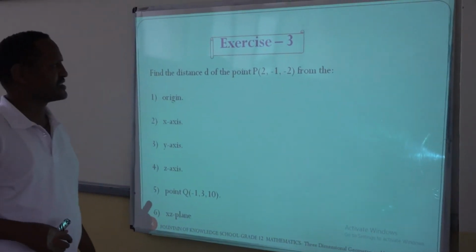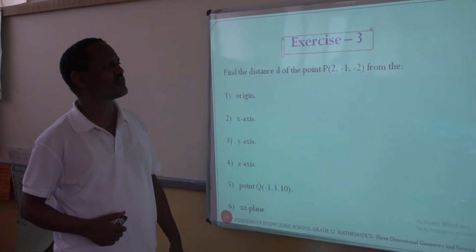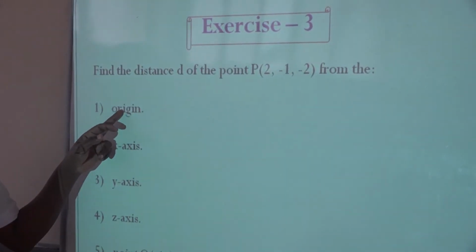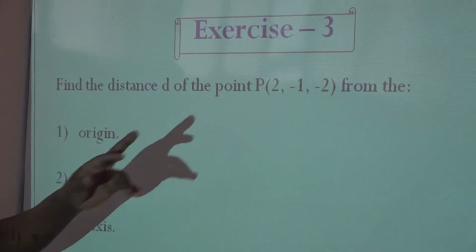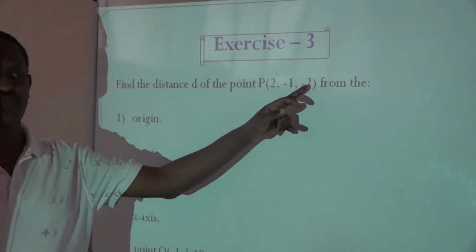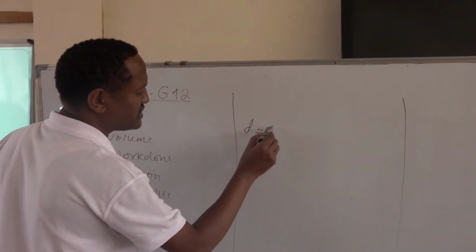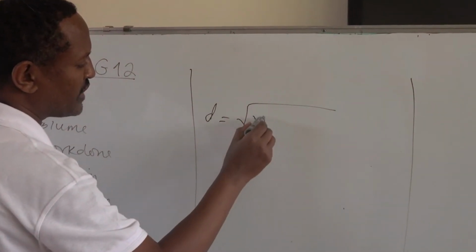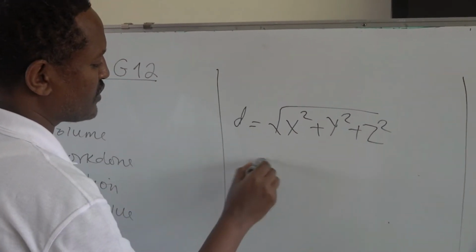Let us continue our discussion from exercise 3. It says find the distance of this point from the origin. The distance d from the origin is the square root of x square plus y square plus z square.